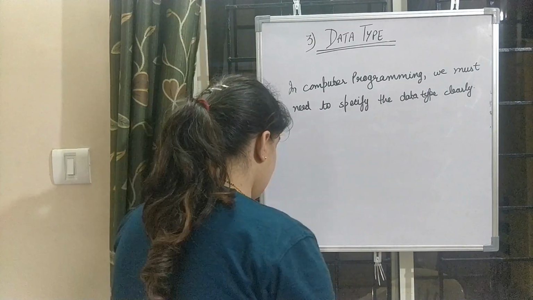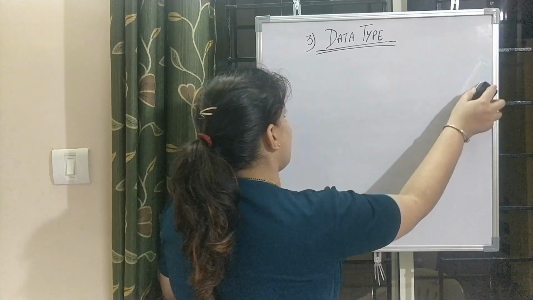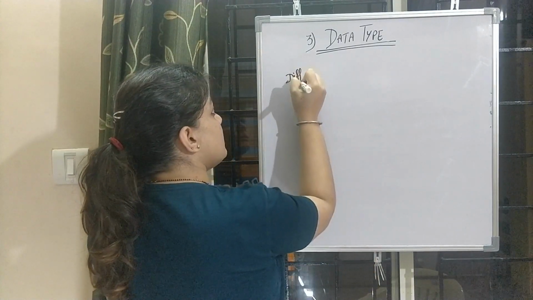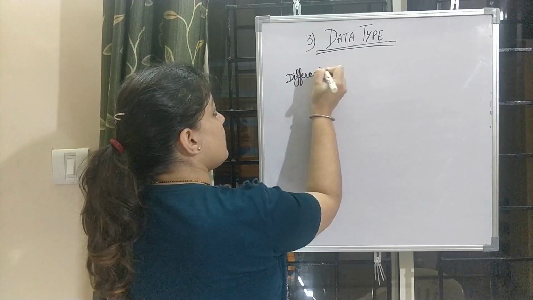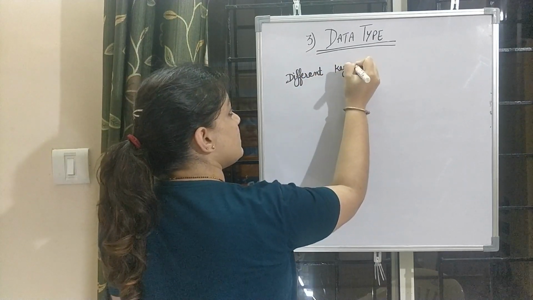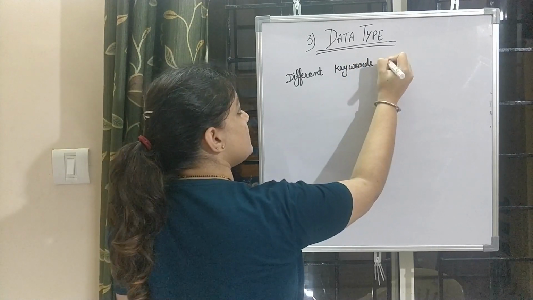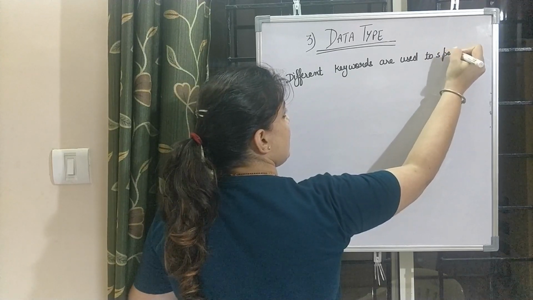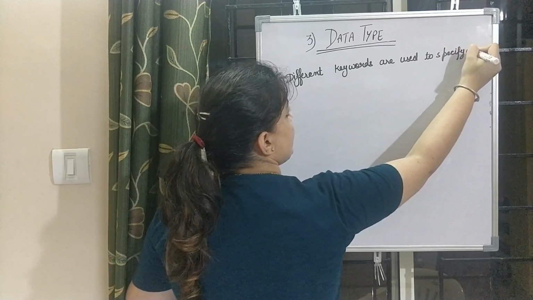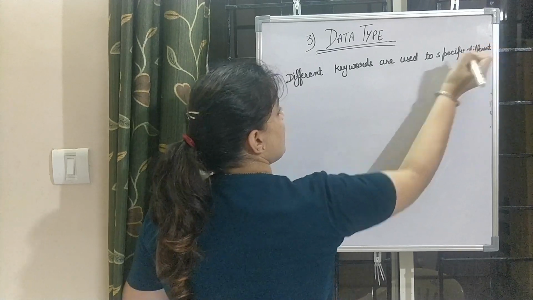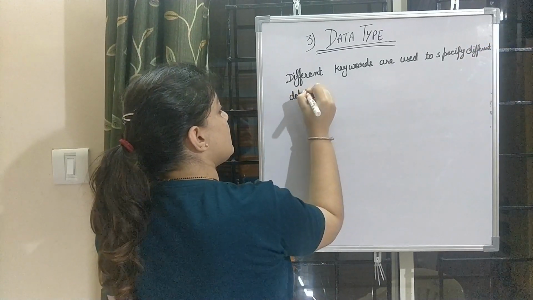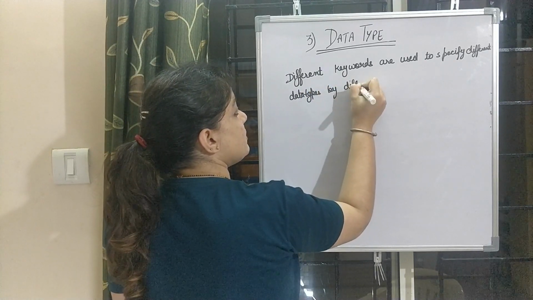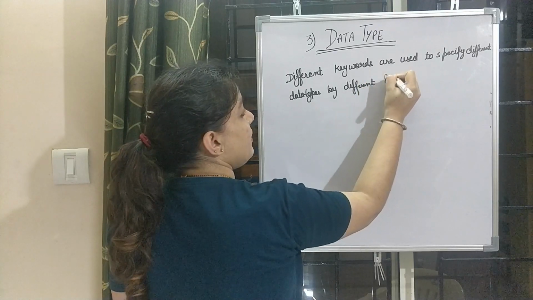Now we are going to the second topic. What is the second topic in this video? I told you at the start of this class: different keywords are used to specify different data types by different programming languages.